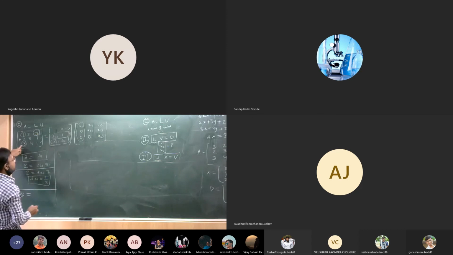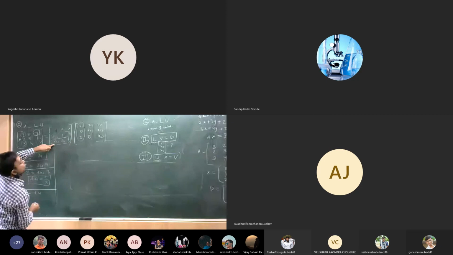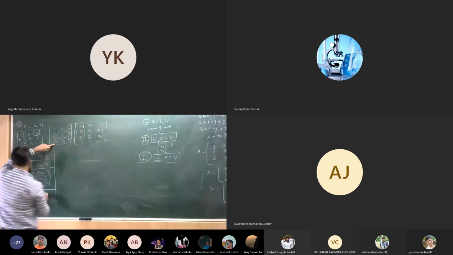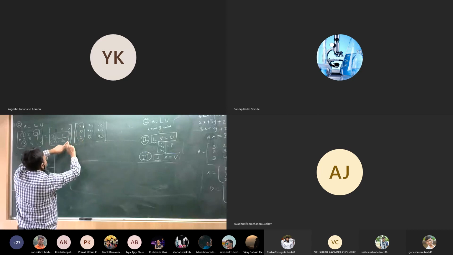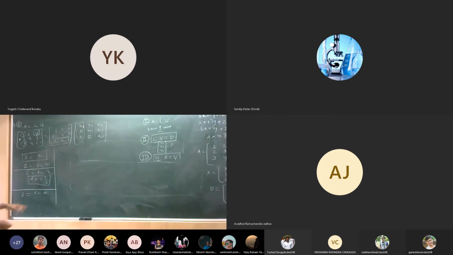So if you multiply, L31 into U11, plus L32 into 0, 1 into 0, that means ultimately all the others are 0. So we get the equation 3 is equal to L31 U11. U11 is known to us, that is 3. So 3 into L31 is 3, which means L31 is equal to 1. Okay, we have got the 3 elements.